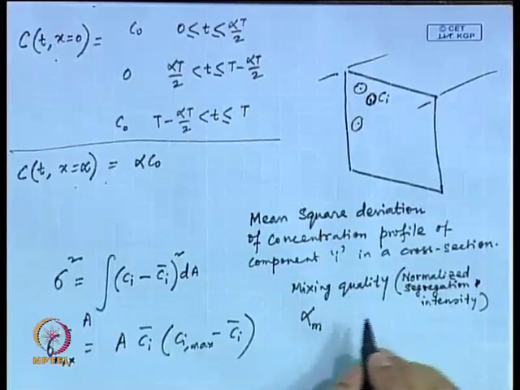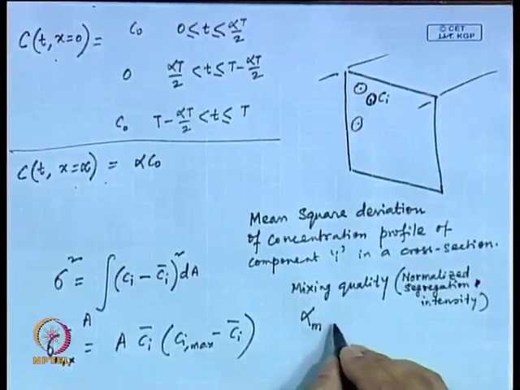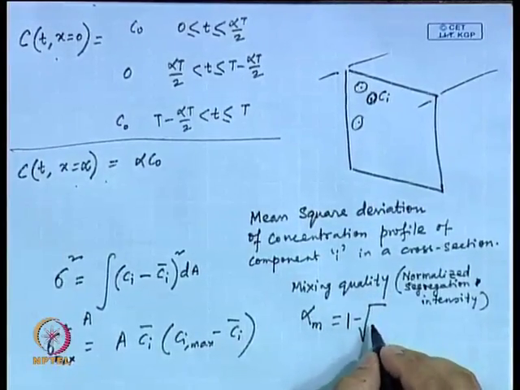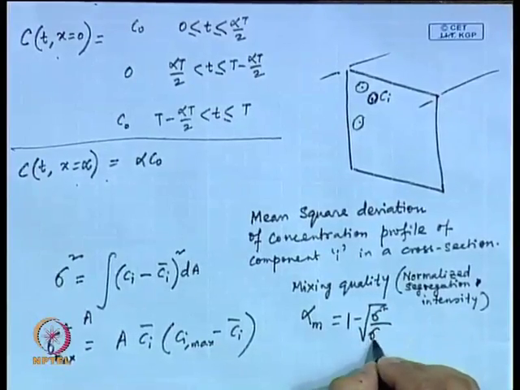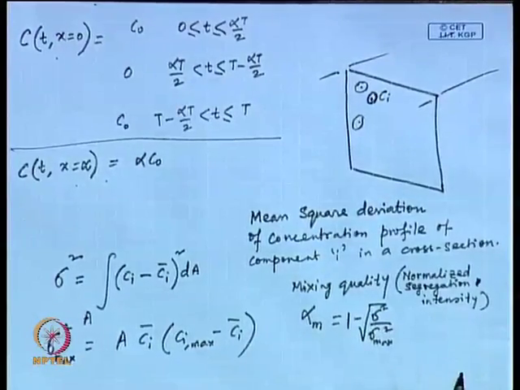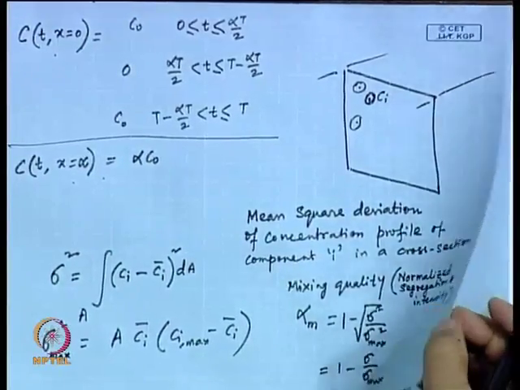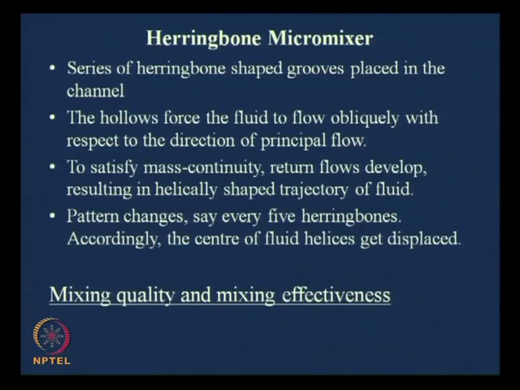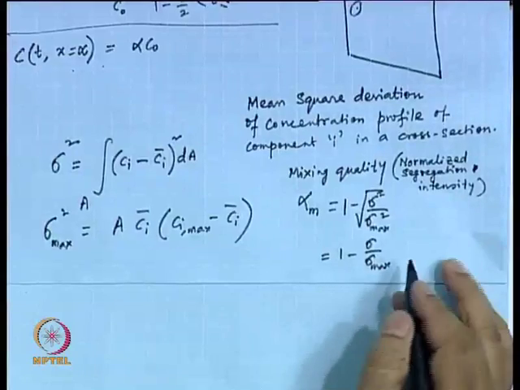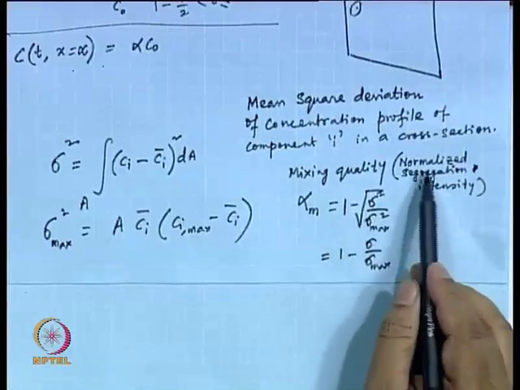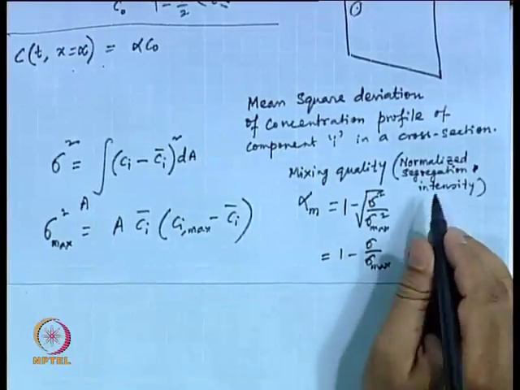So, this alpha m is equal to 1 minus square root of sigma square divided by sigma max square, that is equal to 1 minus sigma by sigma max. Alpha m is equal to 1 minus sigma divided by sigma max. Okay, so, this is called mixing quality, or there is another name to it, normalized segregation intensity.